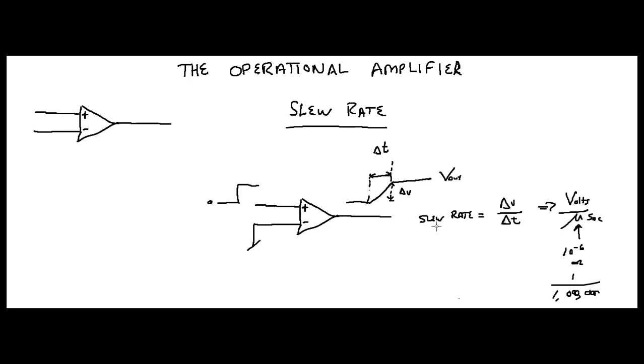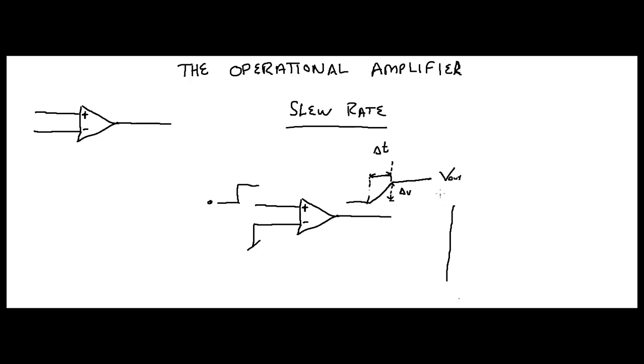Now, I want to give you a drawing here because most discussions in textbooks use this kind of drawing when they talk about slew rate, at least those textbooks that I've seen. So, for example, if this is your V out, and this is your time.